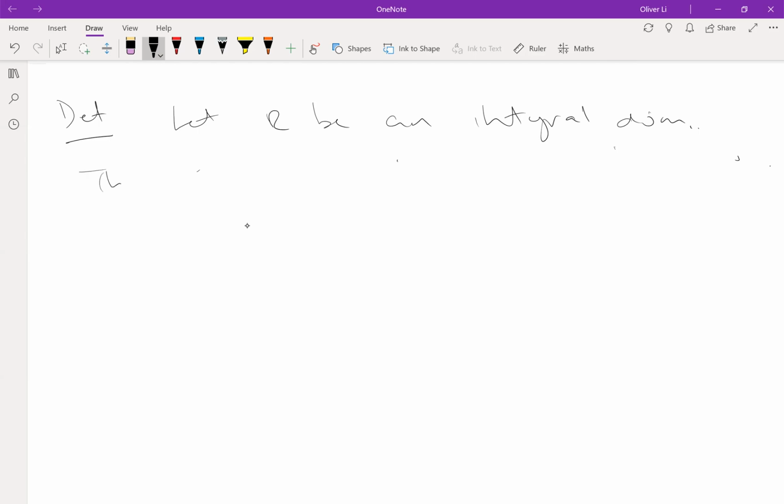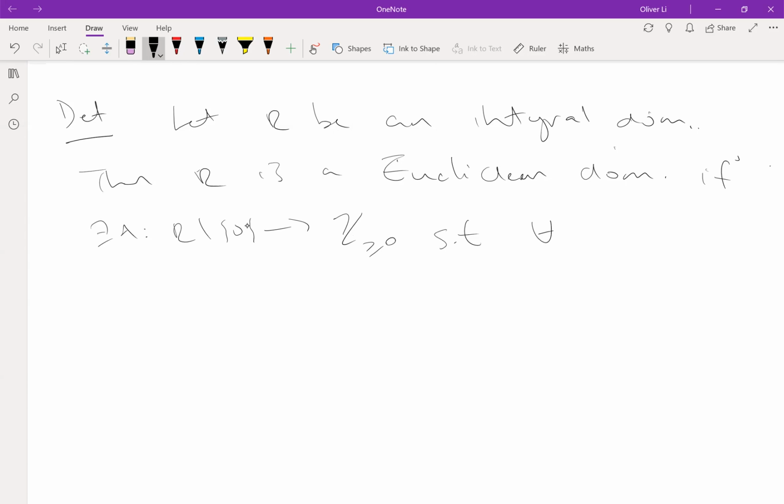Then R is a Euclidean domain if there exists some lambda from R without 0 to the set of non-negative integers, such that for all a, b a member of R with b not equal to 0, there exist q, r such that a is equal to bq plus r, and lambda of r is strictly less than lambda of b.